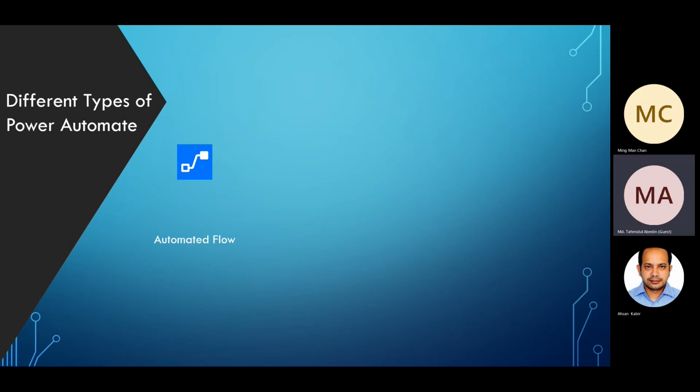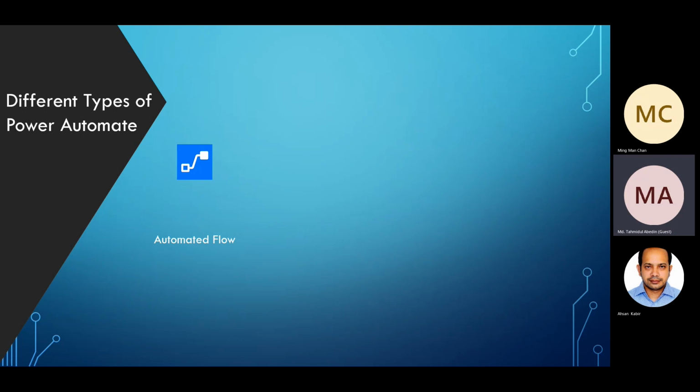In Power Automate, they are adding and shipping new components every day. There are different types of Power Automate flows. The mostly used one is the automated flow. What is an automated flow? It is simple: we trigger it from an event. An event trigger can start this flow, and this event trigger can be connected with lots of applications provided by Power Automate itself.